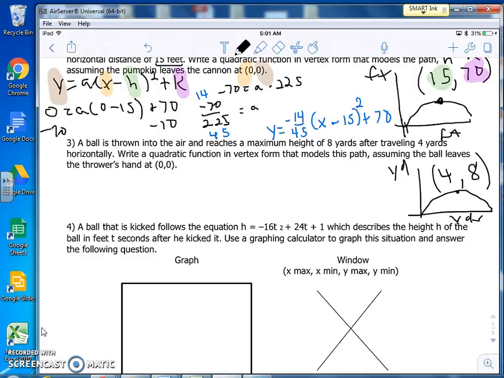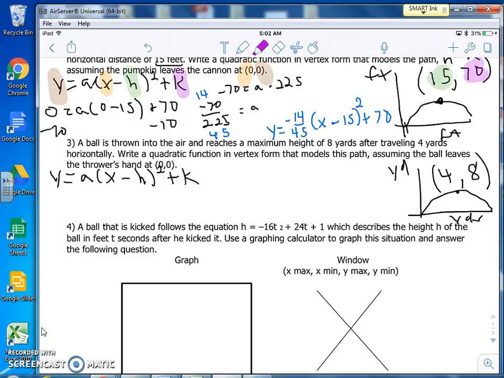And if you want to try this on your own, go ahead and pause it now. Be a good idea. And I'll go ahead and get started. So you'll need to memorize the vertex form of a quadratic equation. y equals a times the quantity x minus h, quantity squared, plus k.